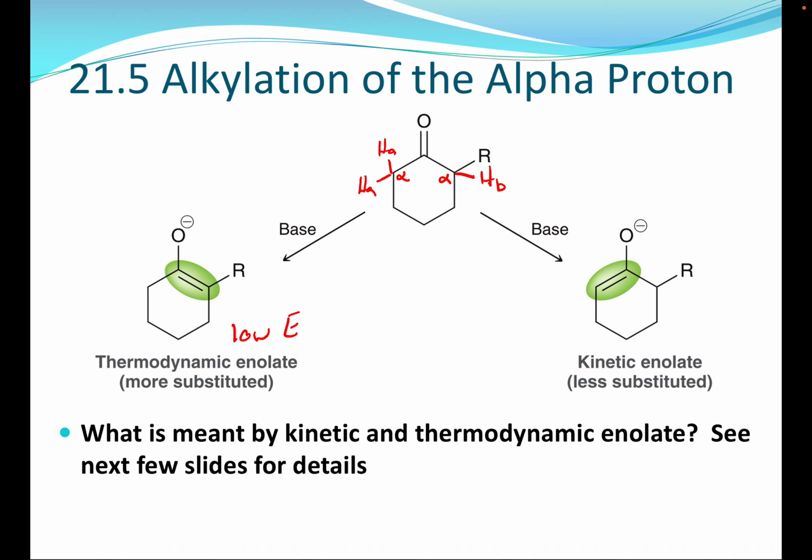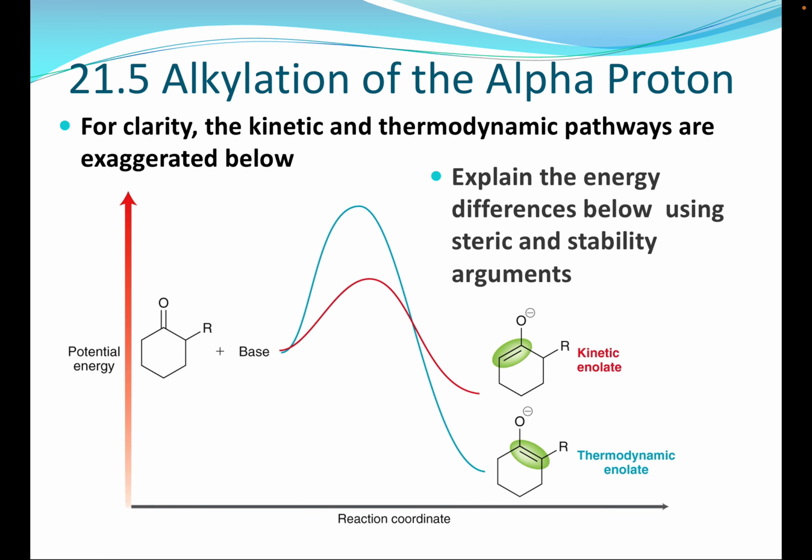So we have a nice energy diagram to remind us about kinetic versus thermodynamic products. This is a bit exaggerated. The energy differences really aren't this significant, but it kind of drives home the point. Remember, your kinetic product will have the lowest activation energy, but that may mean that it is higher energy overall, whereas the thermodynamic product is always going to be the lowest energy product.